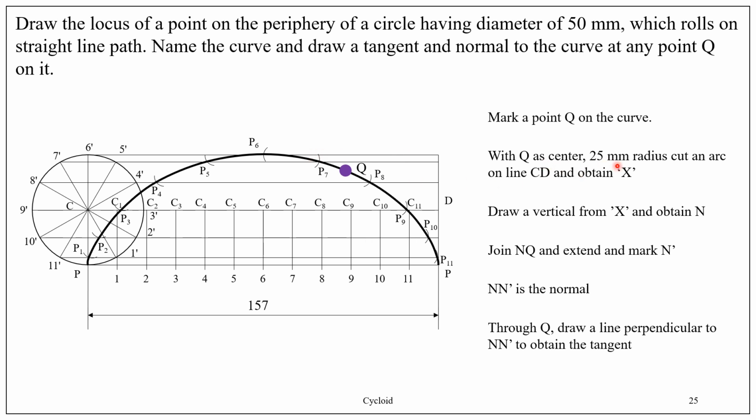With Q as center, 25 mm radius, cut an arc on line CD and obtain X. What is this?